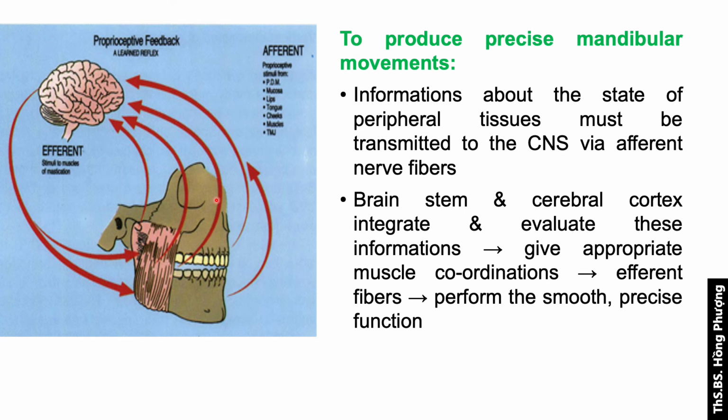The brainstem and cerebral cortex integrate and evaluate this information to give appropriate muscle coordination. Then, through the efferent fibers, contraction of this muscle group and inhibition of other muscle groups is performed for smooth and precise functions.